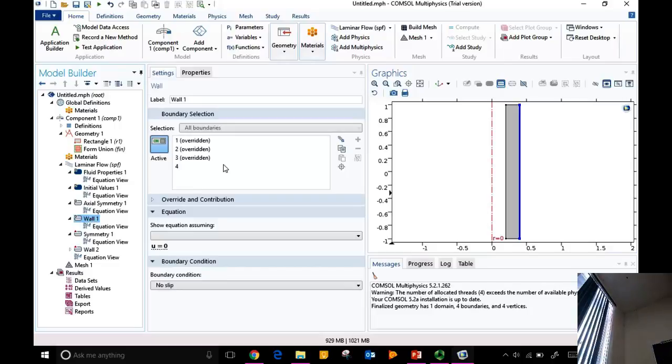See, when I built the model, initially it put this equation and it put this folder and identified all four as one. Then I put these two folders and overrode those specifications. That's why it has overridden. But 4 is not overridden. 4 was originally as it was, wall with the no slip condition 0. So I don't have to worry about it.